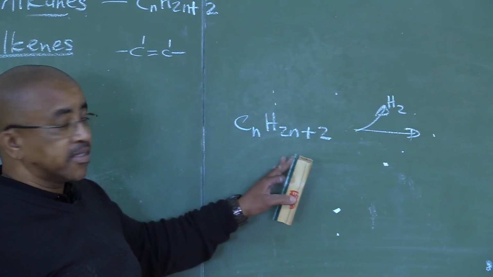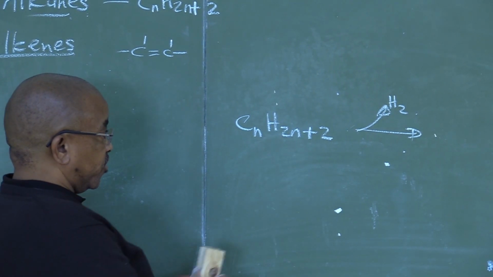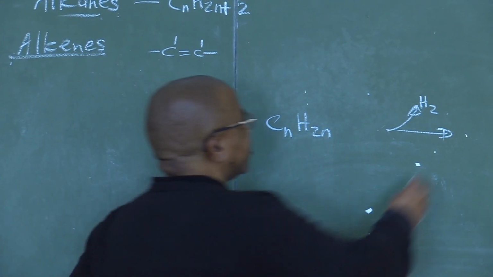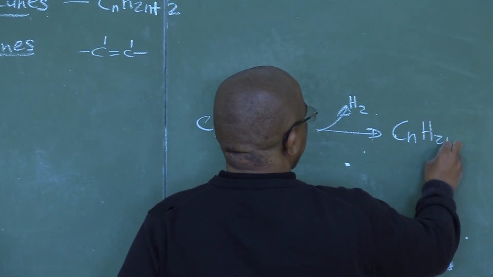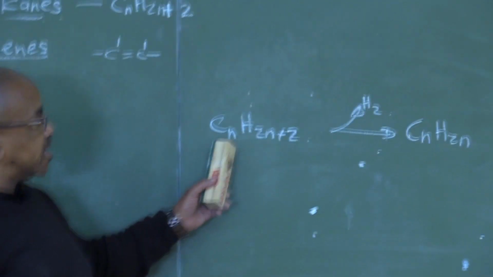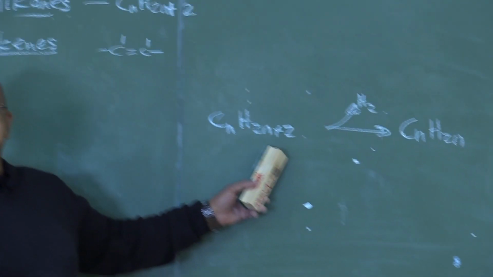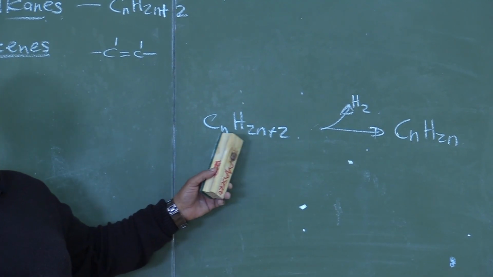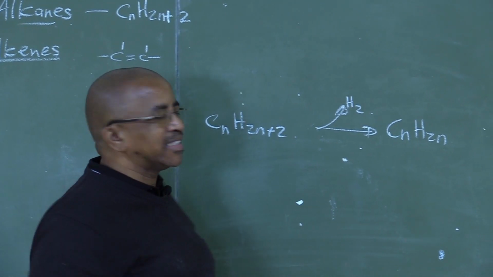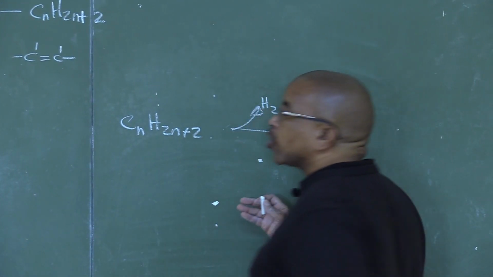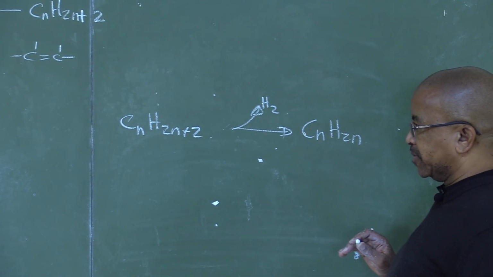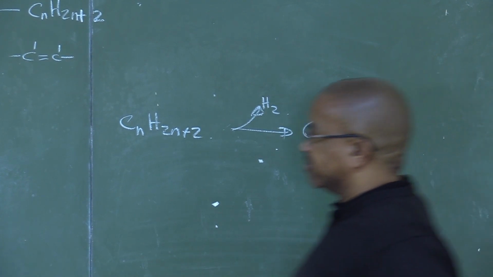Then asma remove kwi formula. We remove all hydrogen about 2. Then we will have CnH2n. So, ngamanye amazwi, the general formula of alkene is short ngo hydrogen about 2, hence kuwakheke i-double bond.